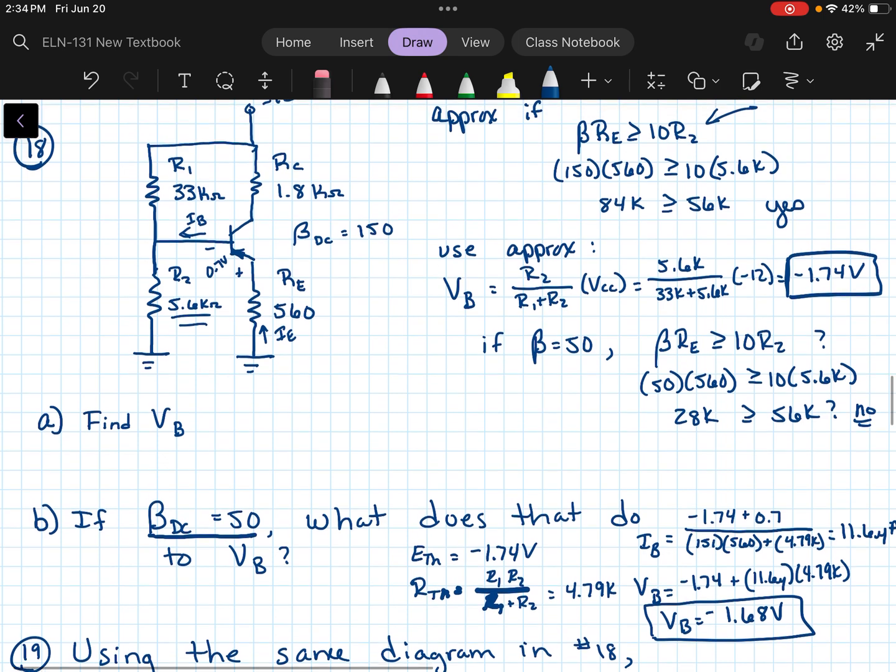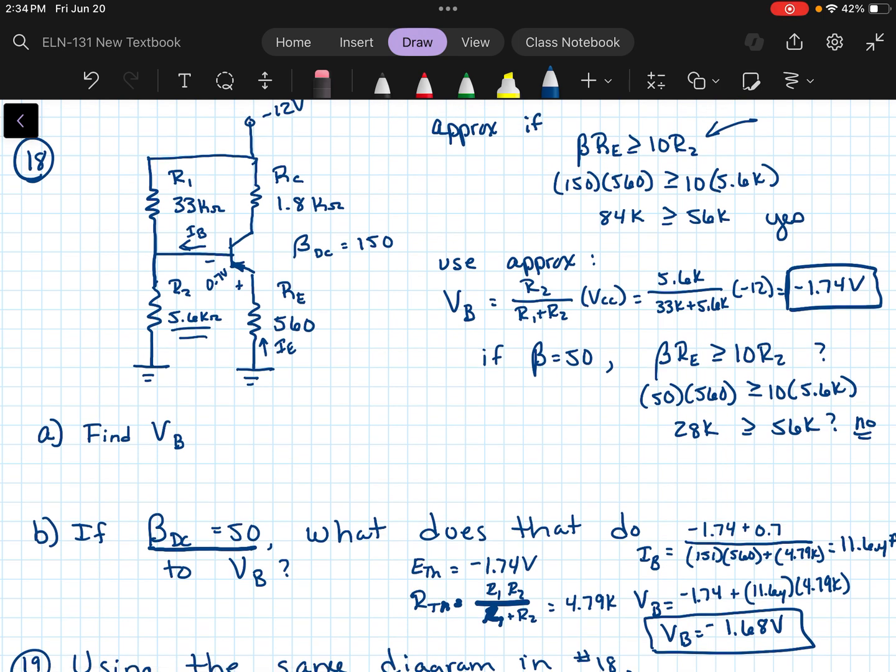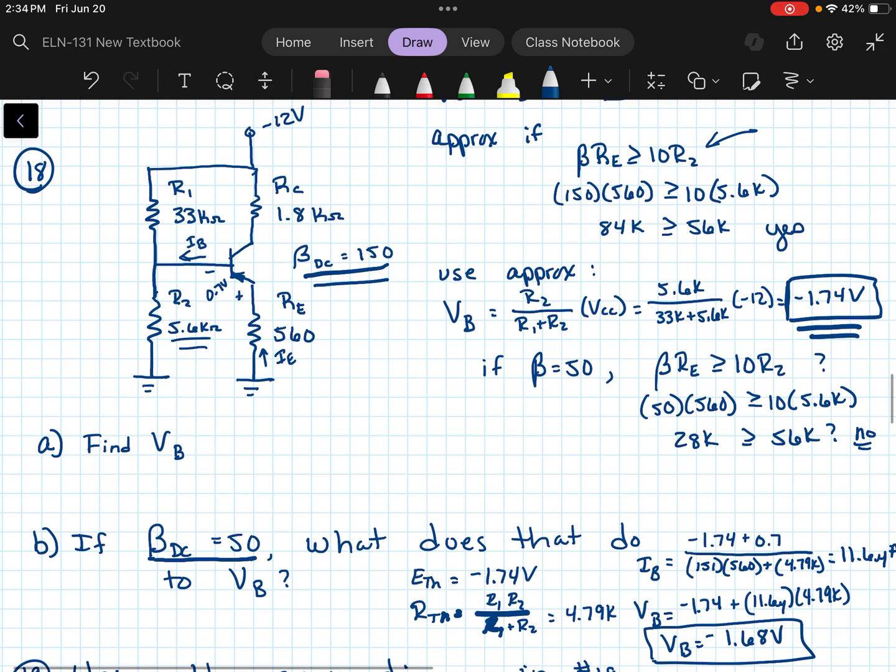Okay, so what are the Q point values? Now, since we're going back to this beta of 150, I'm going to go ahead and stick with the approximate method where we're just going to assume that we have a negative 1.74 volts here. And then that means that here we would have the negative 1.74 plus 0.7, so negative 1.04 volts here.